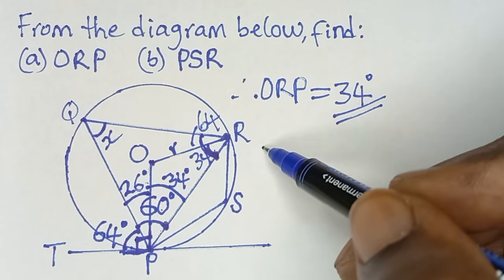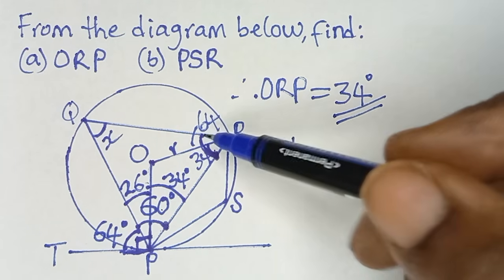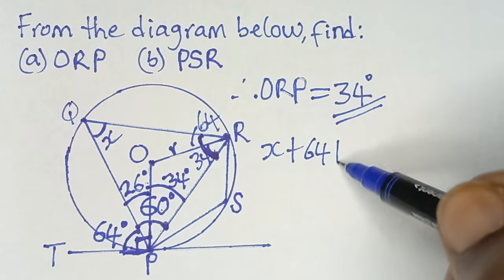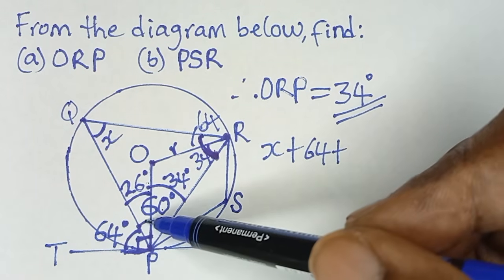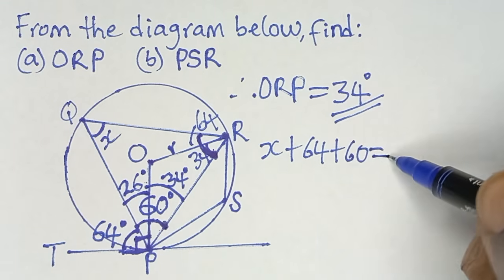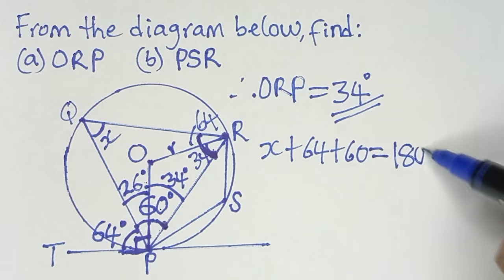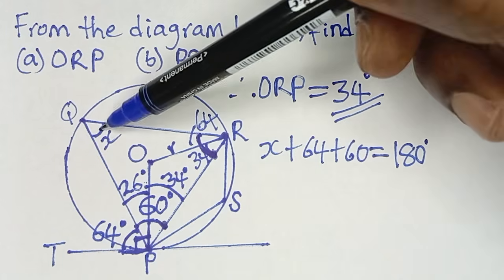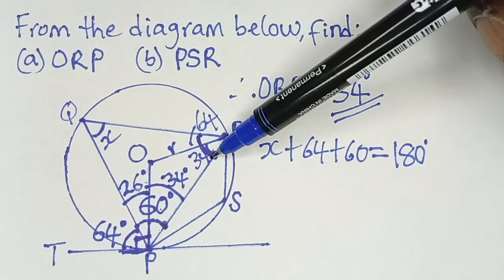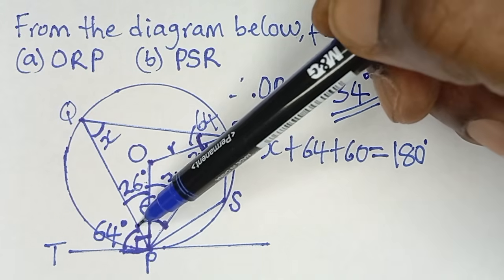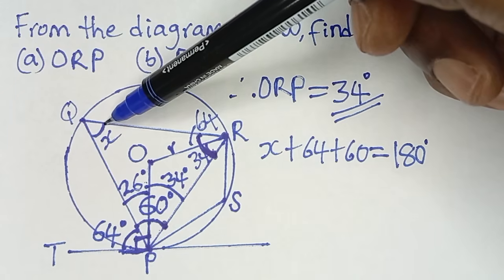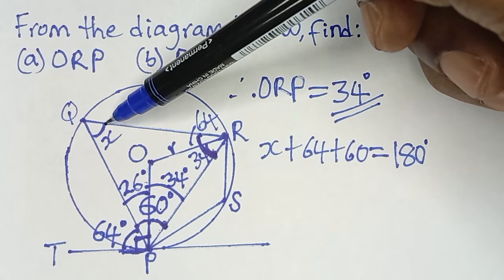So angle X plus this 64, plus this angle 60, everything should be equal to 180 degrees, because the sum of angles in a triangle is 180. So this 64 is one of the angles of the triangle, then this 60 here is one of the angles of the triangle, and then finally this angle X that I'm looking for now.